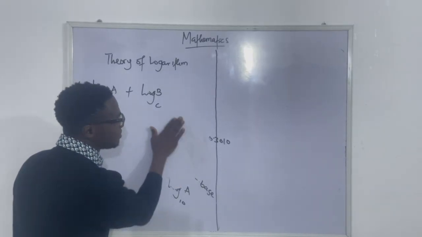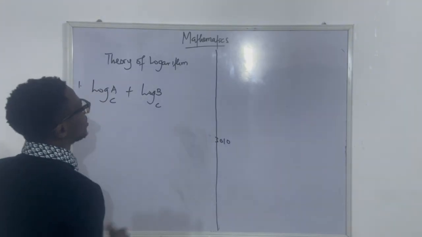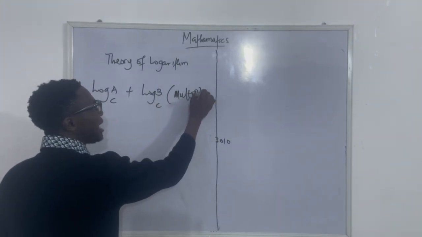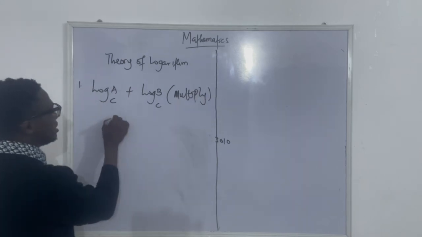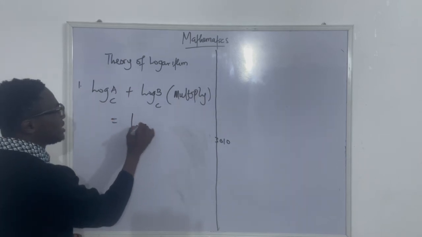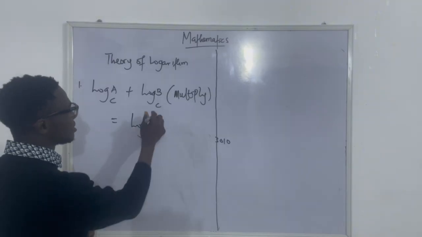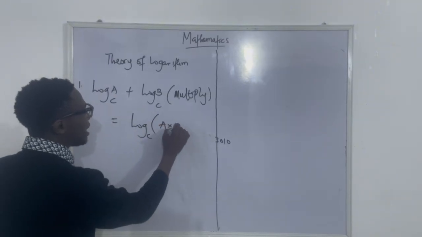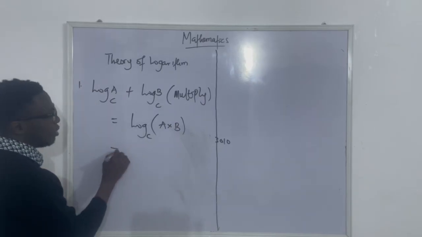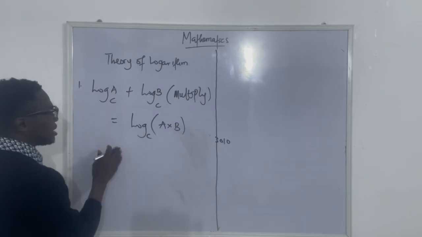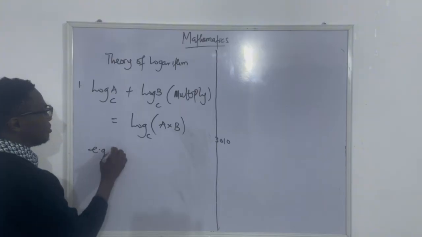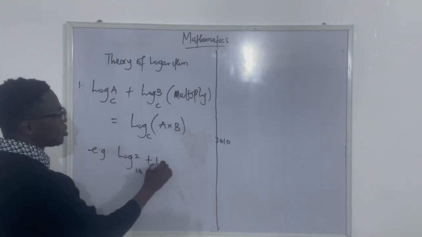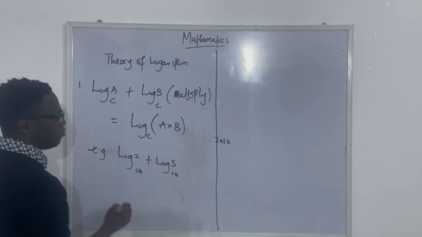Now, if you have something like this, you are going to multiply the numbers. It implies you will take log of a single base, then multiply the numbers, A multiplied by B. Let's take for example log 2 base 10 plus log 5 base 10.